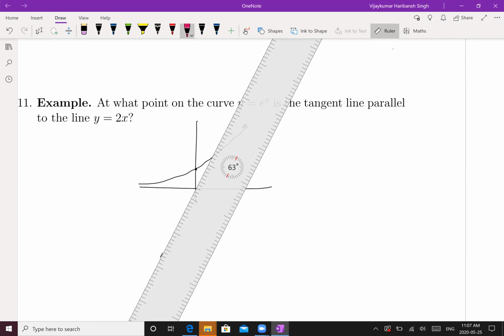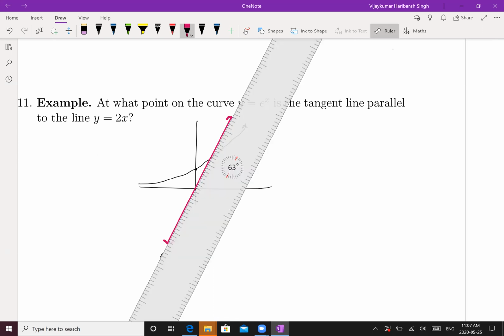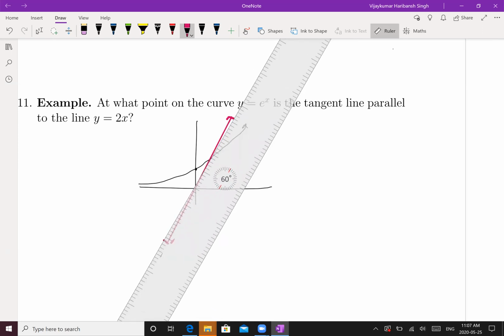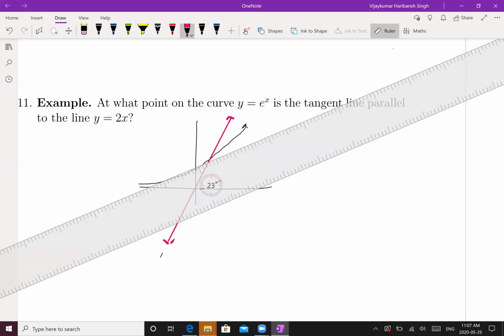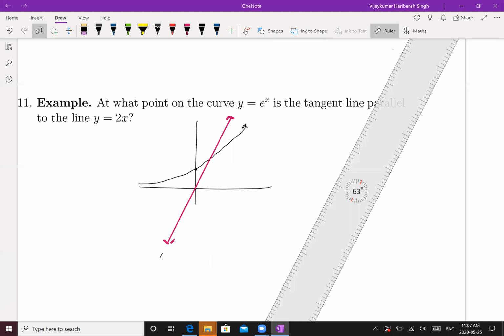Let me draw it with a different color pen. And then you're asking, at what point on the graph is the tangent line parallel to this? So you have the curve like that, and at what point is the graph going to be parallel to this line? That's what we are asking. So let's use Desmos to see that.